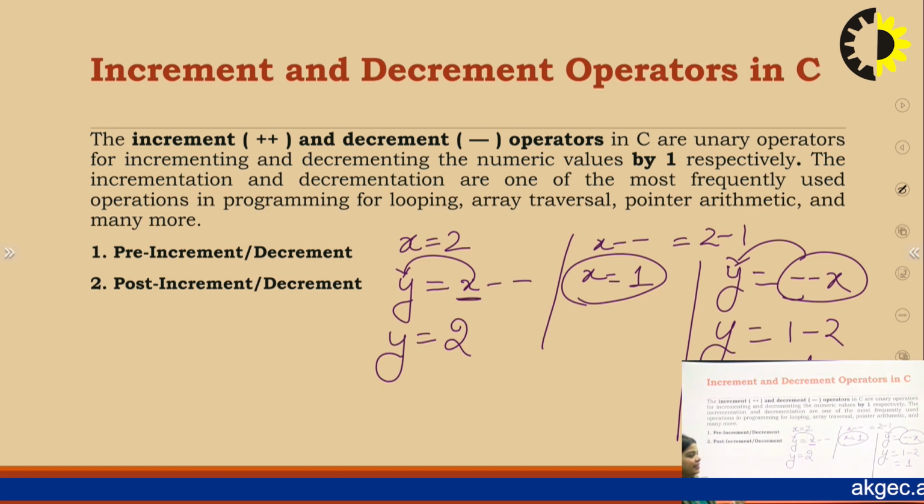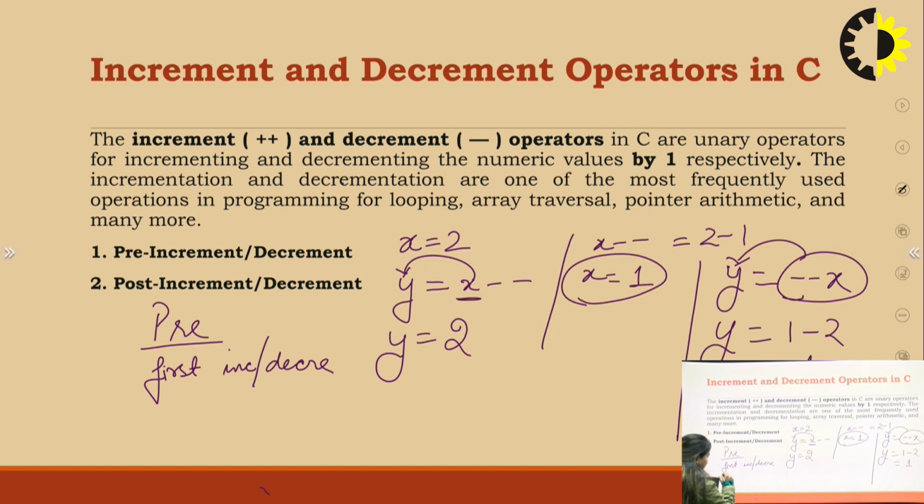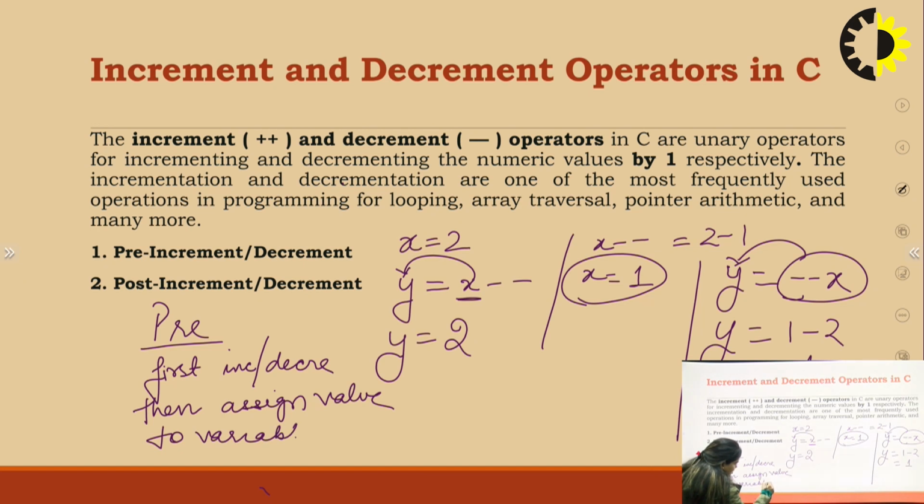So understand clearly that the same logic goes for pre and post with both increment and decrement. You need not change the logic. For pre, first increase or decrease, then assign the value to the variable.